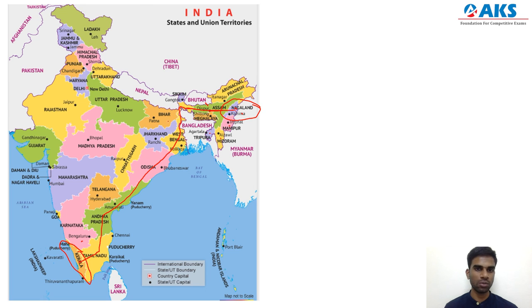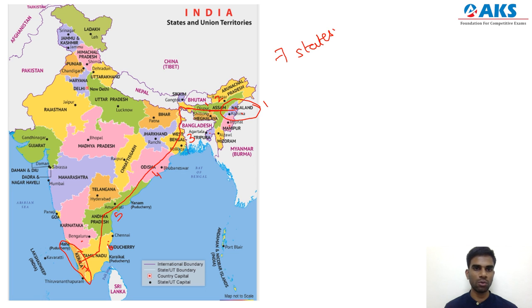If we go through this route, we have Nagaland 1, Assam 2, West Bengal 3, Odisha 4, AP 5, Tamil Nadu 6 and Kerala 7. Finally 7. We are counting the state of origin and destination also. So if we go through this route, we cover 7 different states.